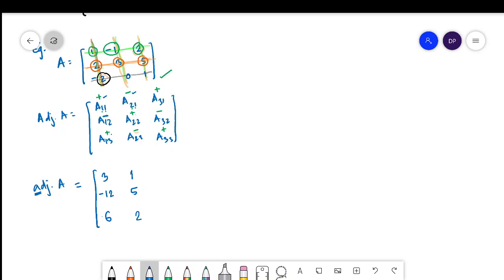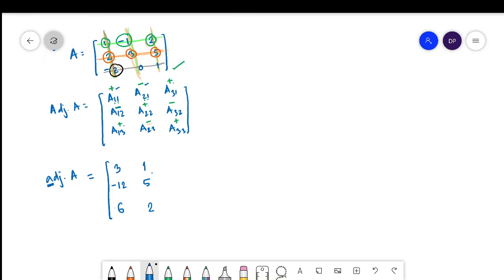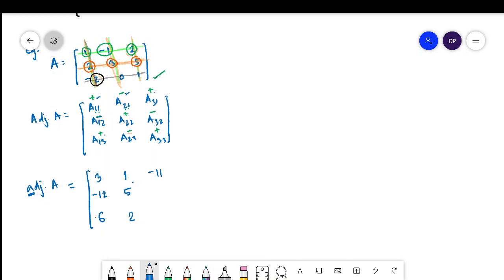So here as such we get negative 11, and since the sign is positive, the cofactor still remains negative 11. Similarly, if you find the cofactor of this element, you will get negative 1. And to find the cofactor of this element, you will get 5. This is for you to try yourself. So that's it. This is the adjoint of a 3 by 3 matrix.